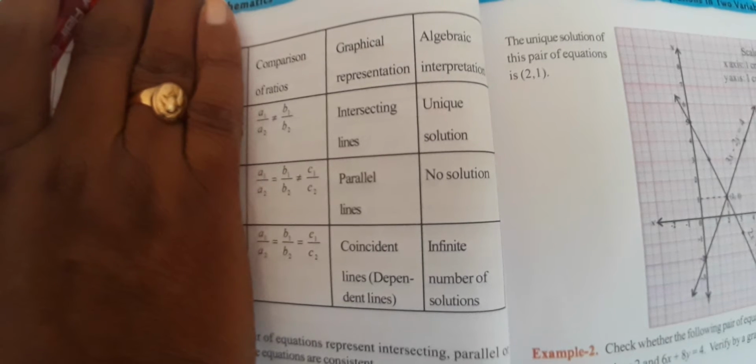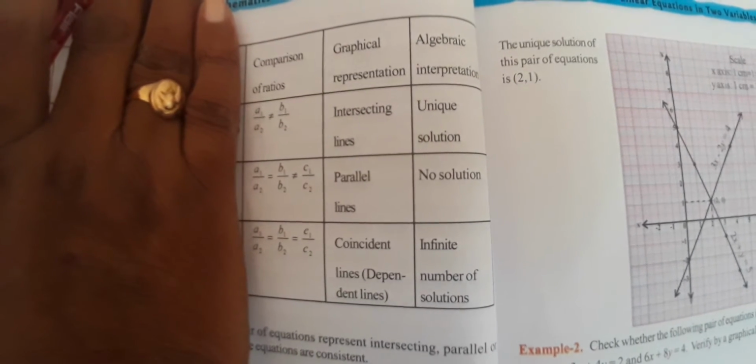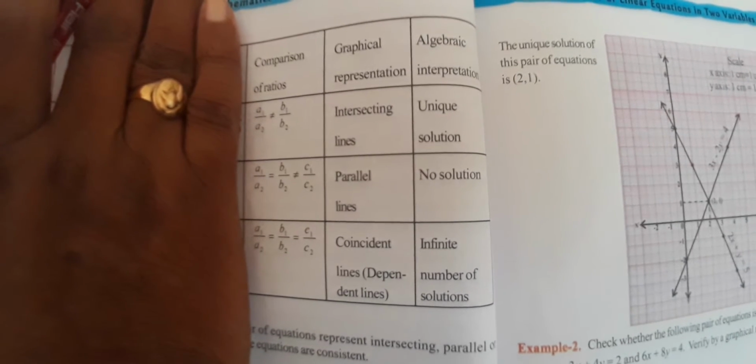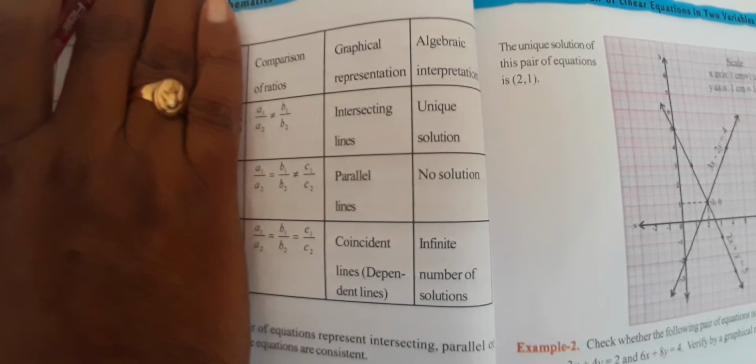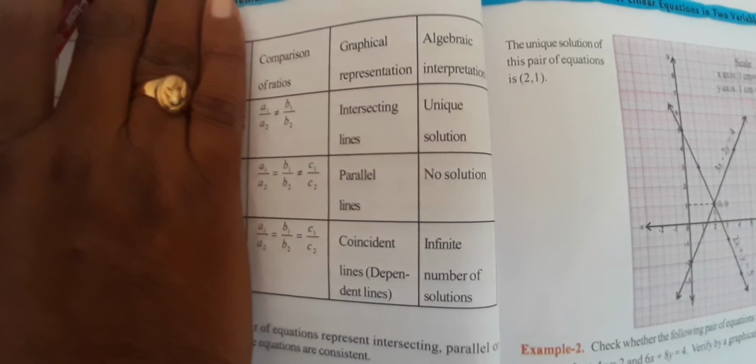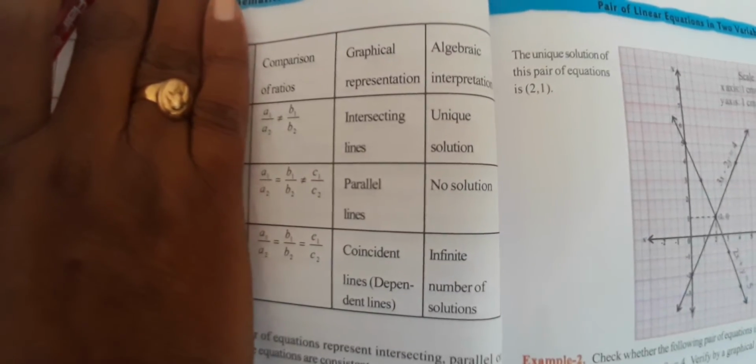That means they are collinear. So how many solutions are in common? Every line has infinite points. Now two lines are coincident, that means these two will have infinitely many solutions, and these we call dependent lines.